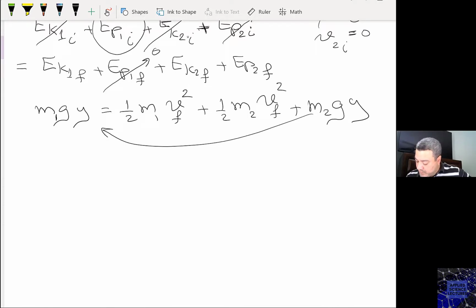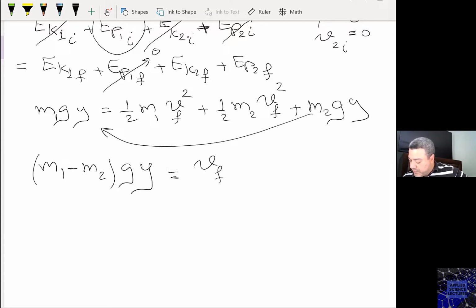I get (m1 minus m2) g y equals to, take half vf squared outside, so vf squared over 2 times (m1 plus m2).